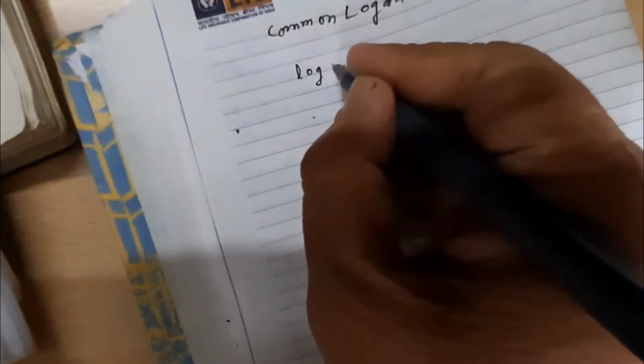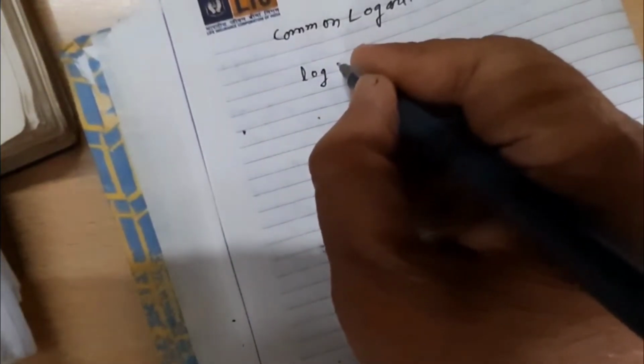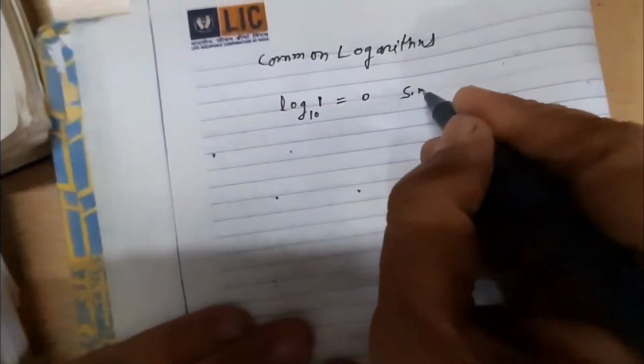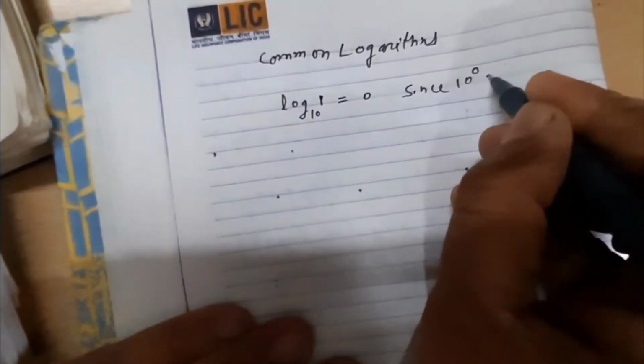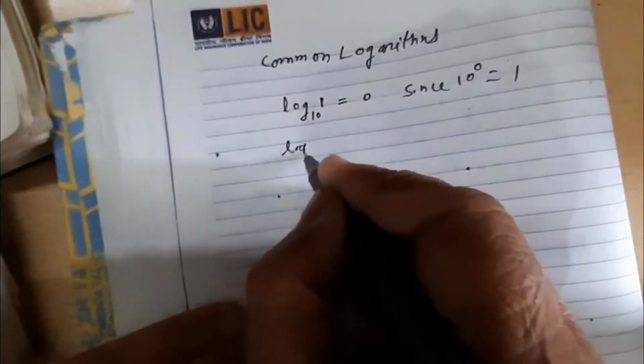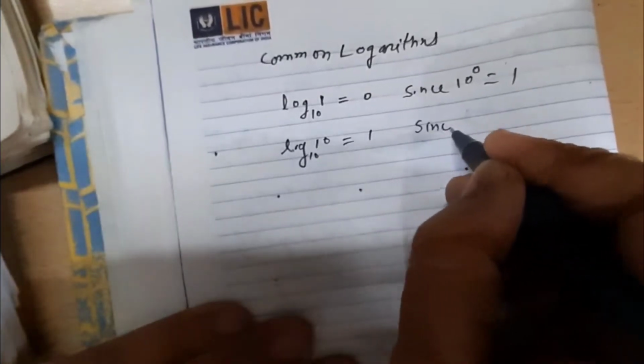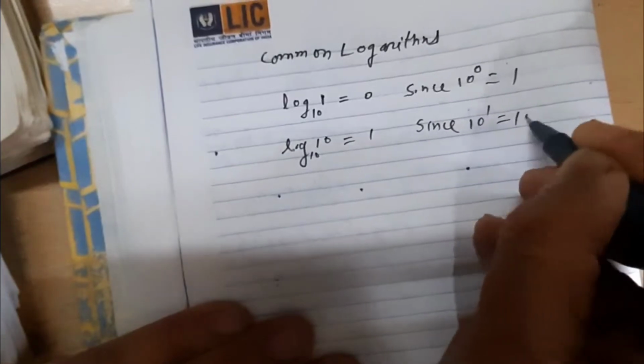If you don't know, I will give you. We can check: log 1 base 10 is equal to 0, since 10 to the power 0 is equal to 1, and log 10 base 10 is equal to 1, since 10 to the power 1 is equal to 10.